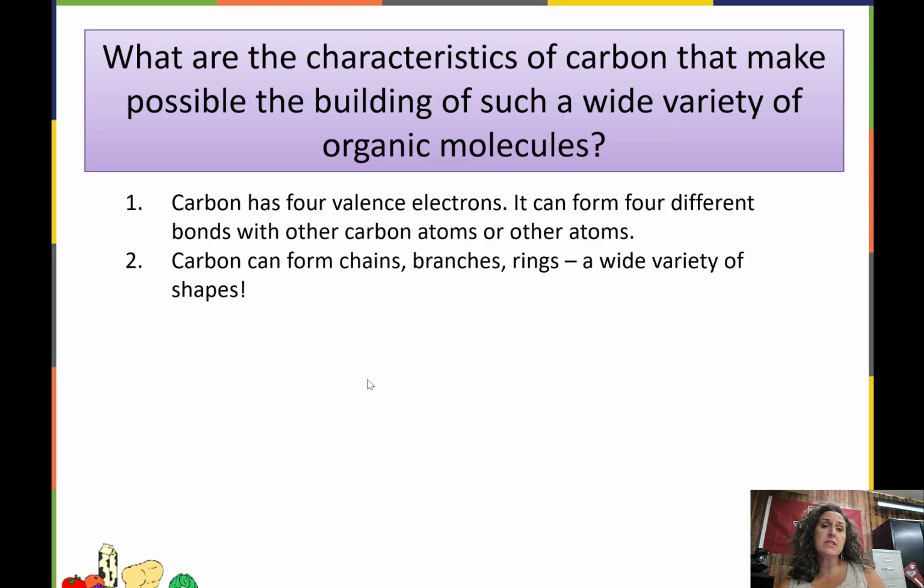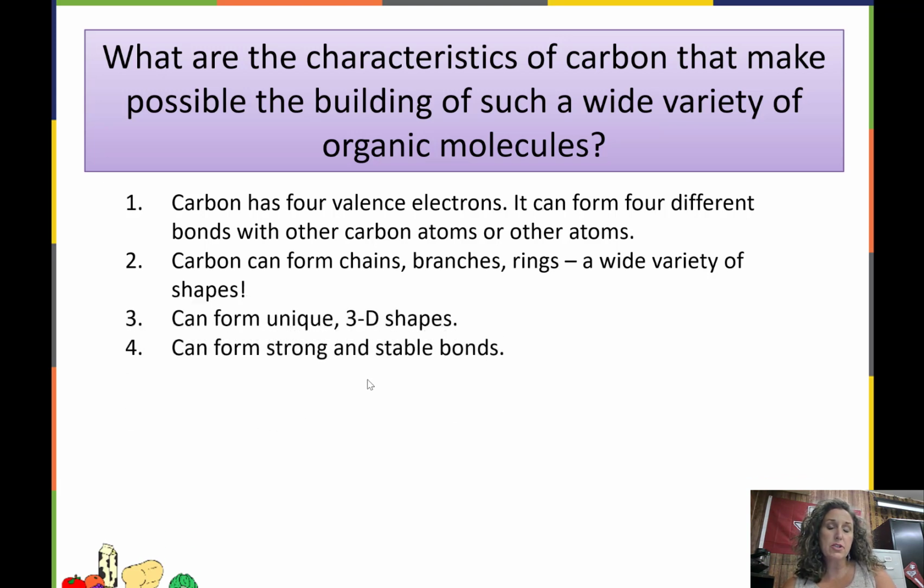It can form chains, branches, and rings, because it basically has 4 points on it for other atoms to bond to. So it can make long chains, it can fold those chains around and double bond on the other side. So it's very versatile in that way.